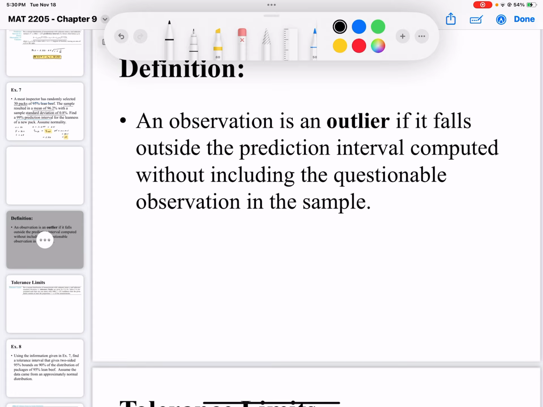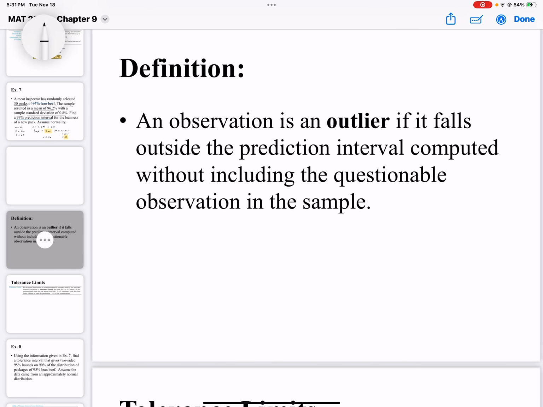Okay, so now let's talk about outliers. This is something that you discussed in depth in Statistics 1 and really in Statistics 2. A lot of statisticians are very interested in the outliers of a data set. Why is this one number or these numbers so much different than all of the other numbers?